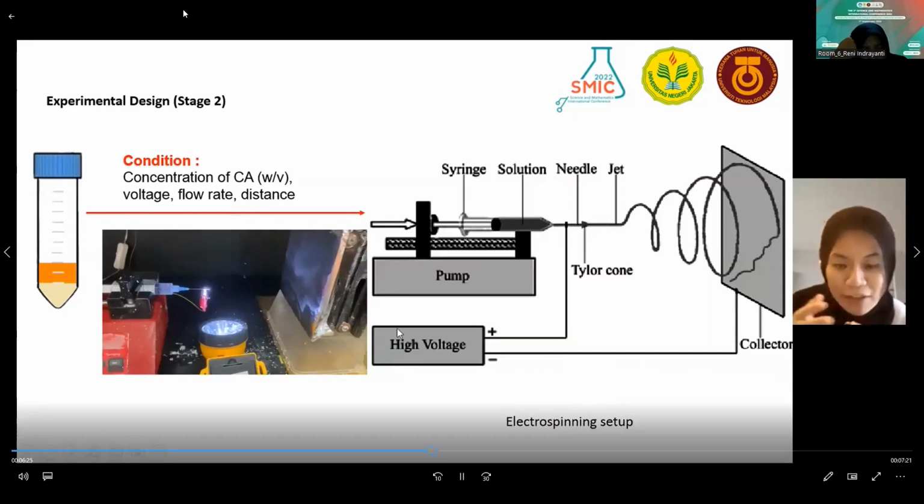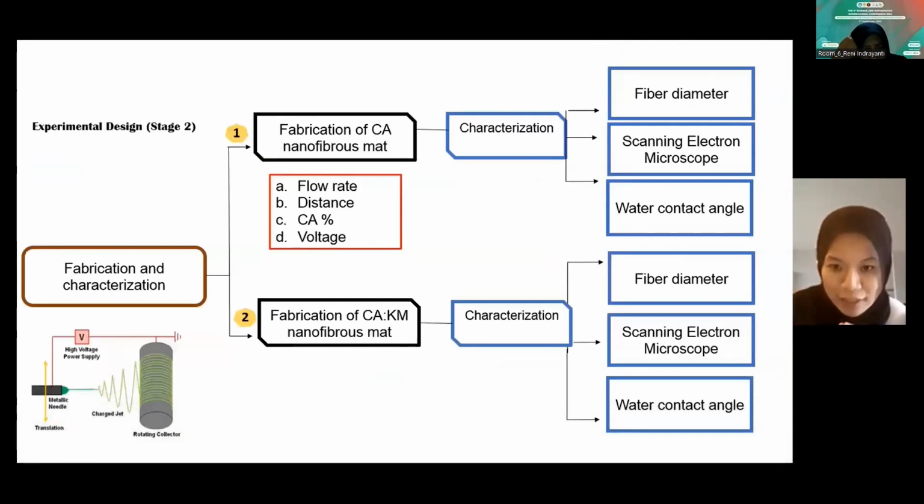This will be the series of characterization tests. As I mentioned, parameters such as flow rate, distance, percentage of cellulose, and voltage will be monitored. Characterization such as fiber diameter, scanning electron microscope, and water contact angle will be discussed later.